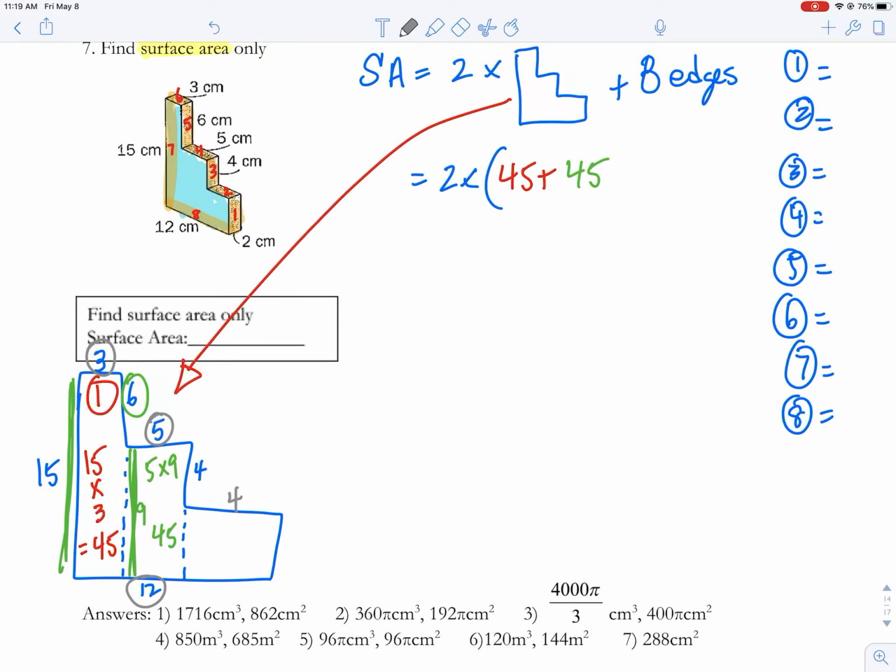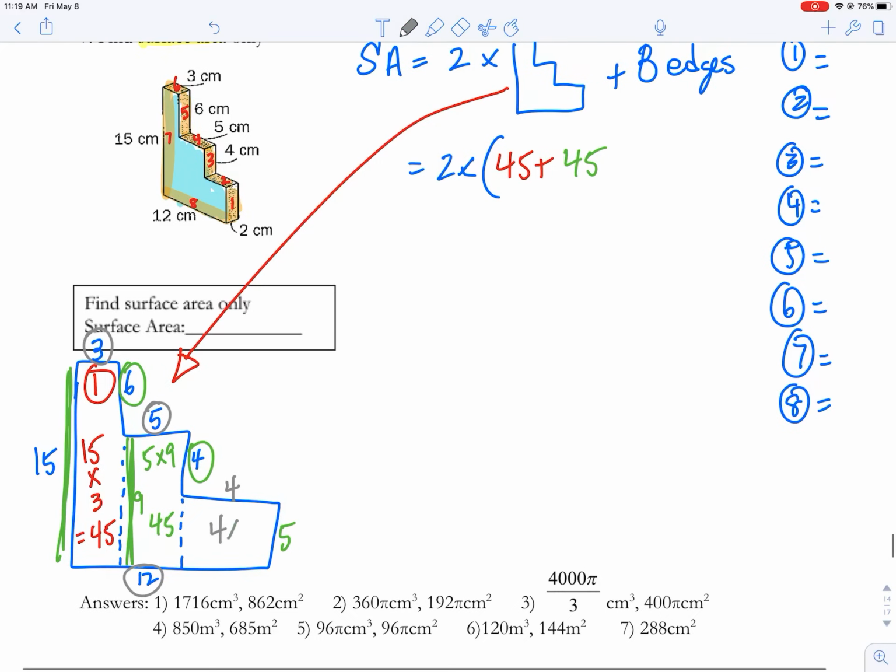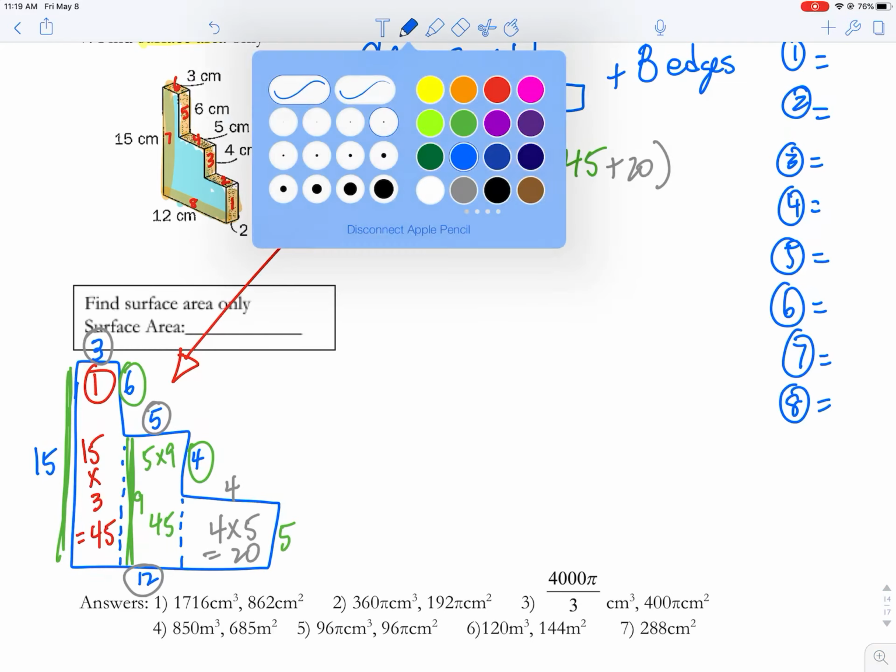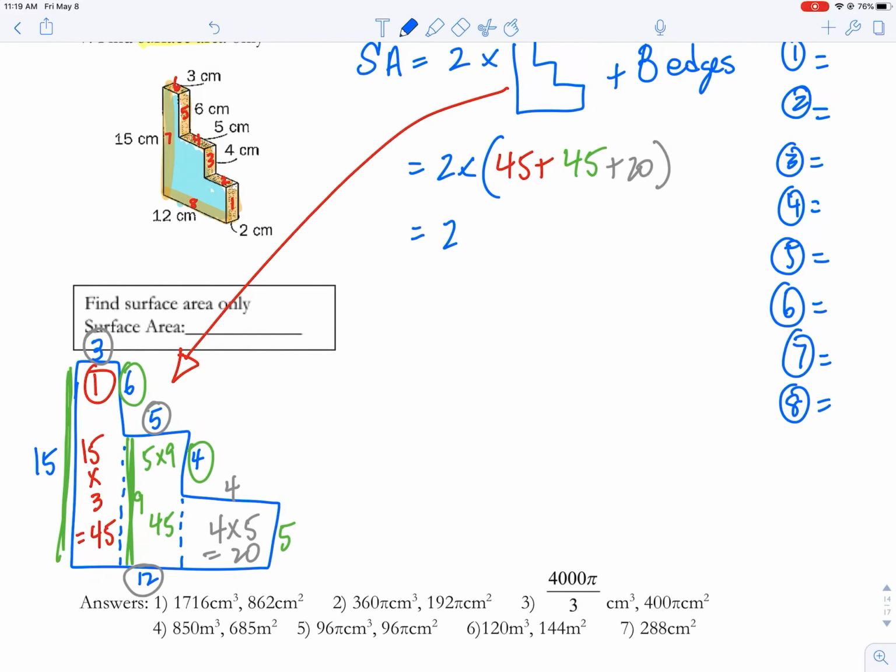And then in terms of the vertical, used up 6 and 4 is 10, so that would leave me a height of 5. So for this last shape, it's going to be 4 times 5, which is 20. So for that surface area, it's going to be 2 times 45 plus 20, which is 90 plus 20, so that's 110.